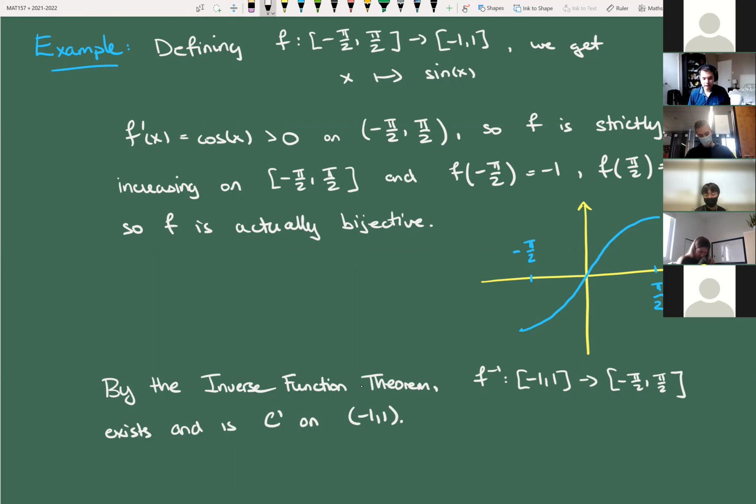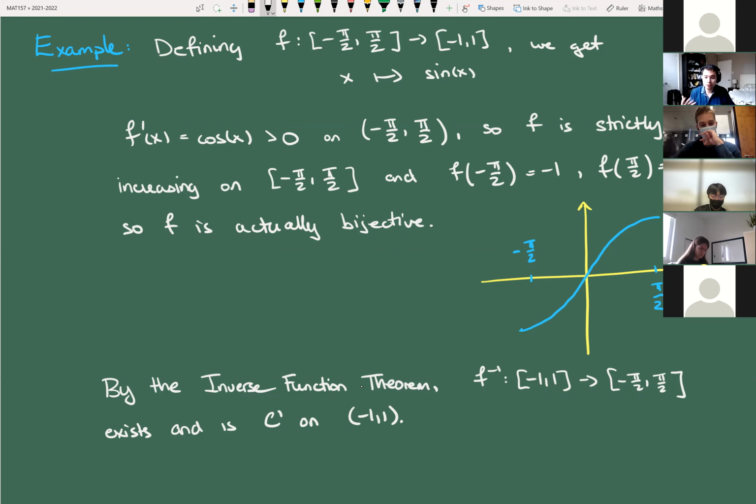Okay. And I only get the open interval there because you can't even talk about F prime being defined at the endpoints. You need an open interval around your point in order to take limits and therefore to take derivatives, for example. So that's the only reason why it's an open interval.